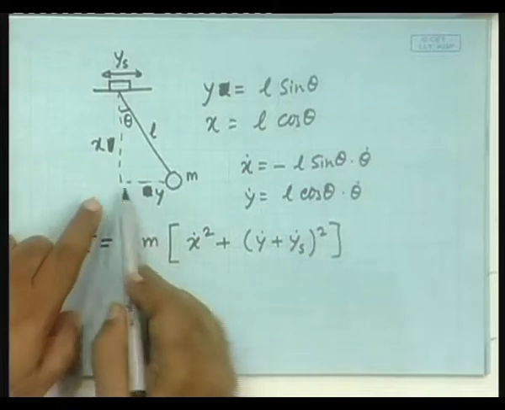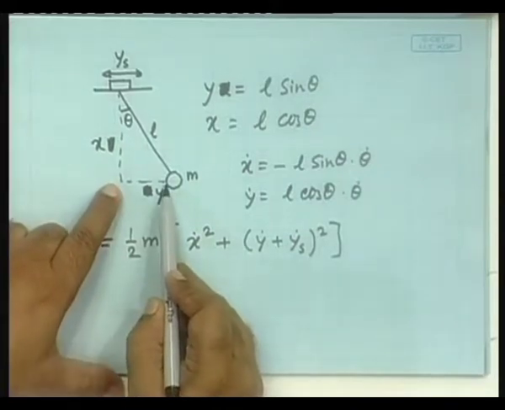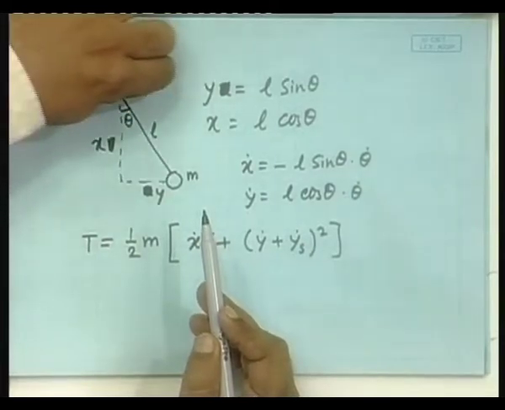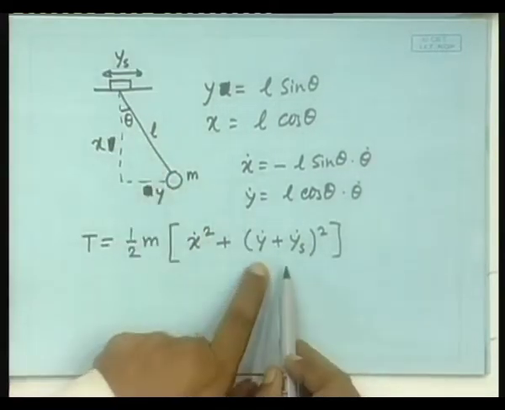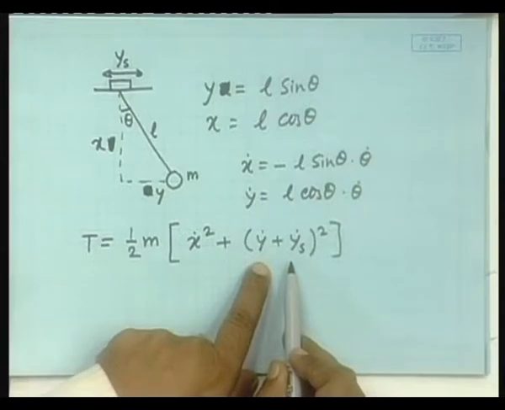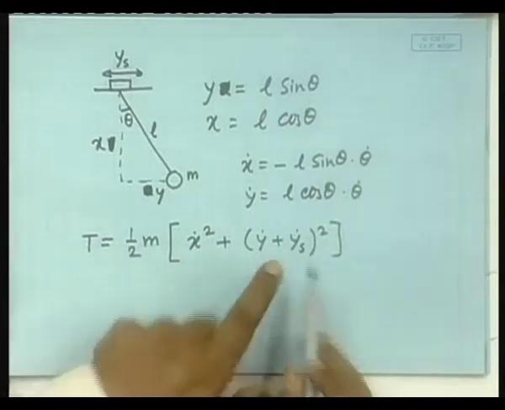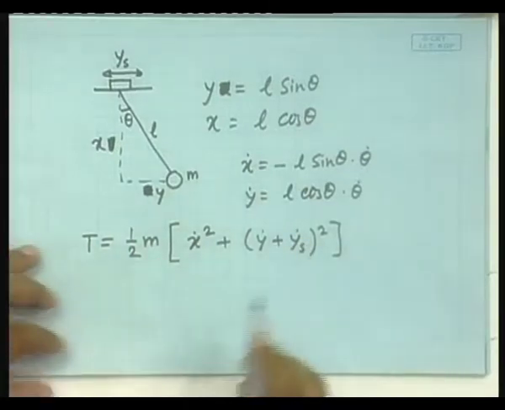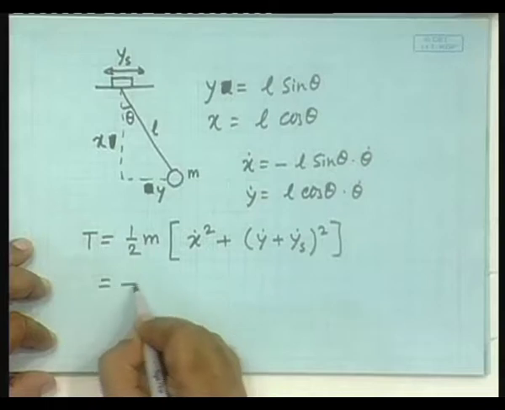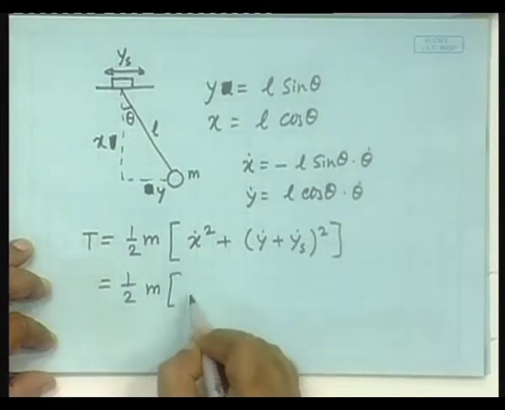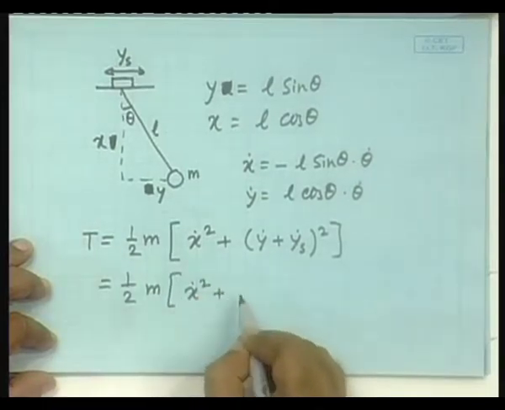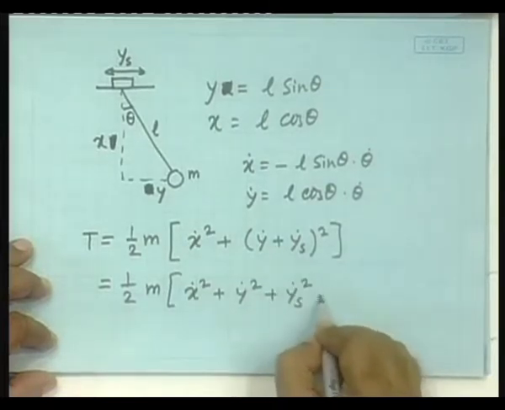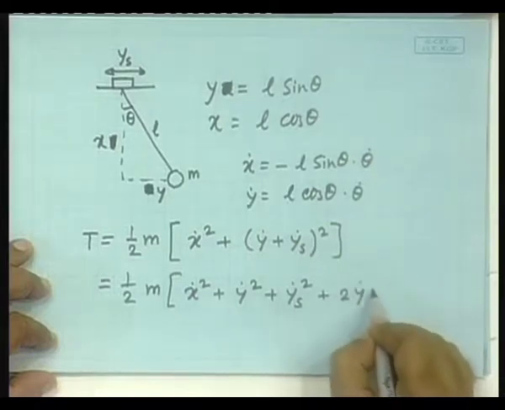What you have done in this direction, the velocity was y dot, added to that you have got some velocity here. So, this fellow will actually move with this velocity in the y direction, and x dot square plus y dot square is the actual velocity square. That is what we need, clear. So, let us break it up. You have half m (x dot square plus y dot square plus ys dot square plus twice y dot ys dot).